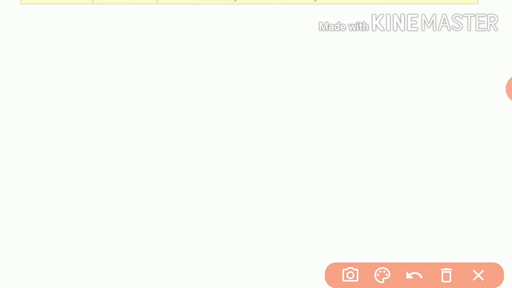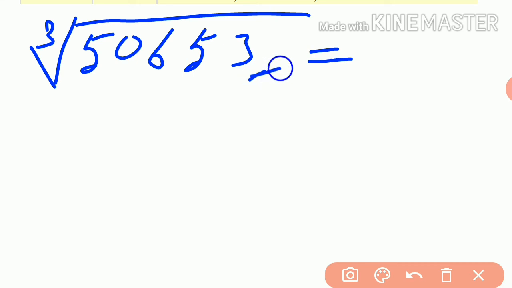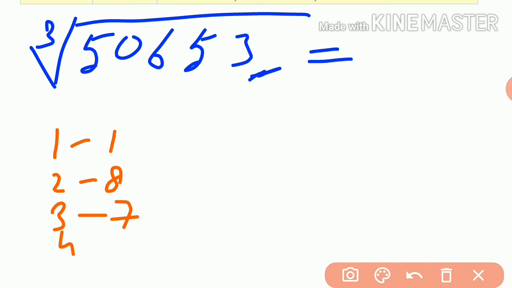This method is known as the estimation method. Now take one more example. Find the cube root of 50653. Here the units digit is 3, and we know the correspondence: 1 to 1, 2 to 8, 3 to 7, 4 to 4, 5 to 5, as we learned above.